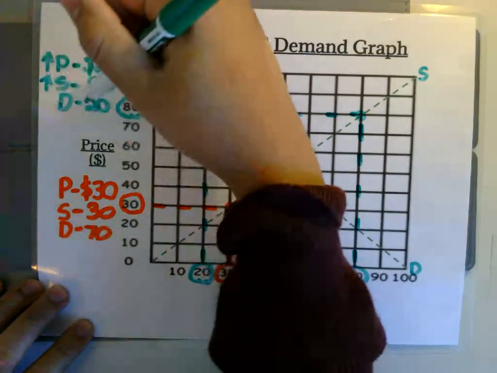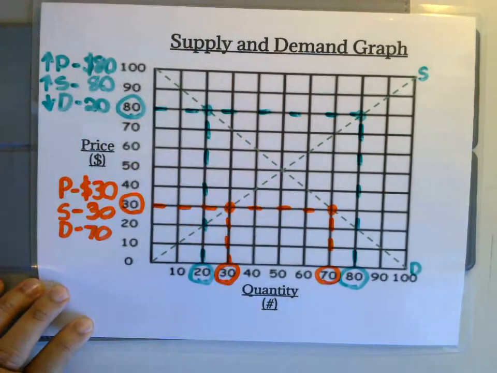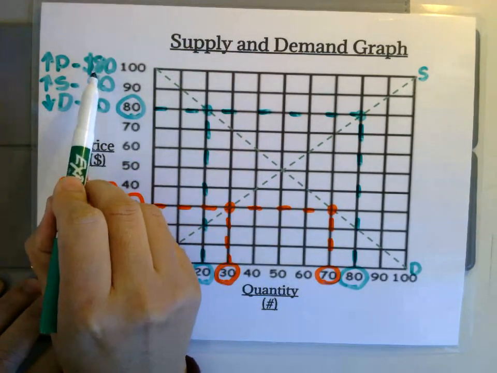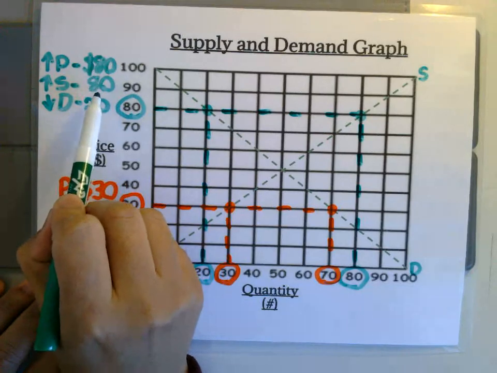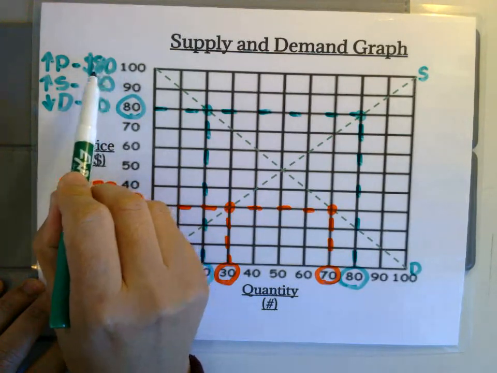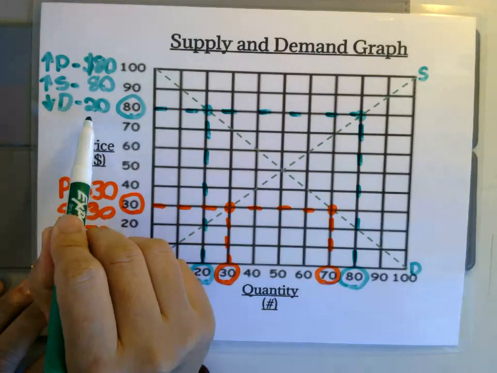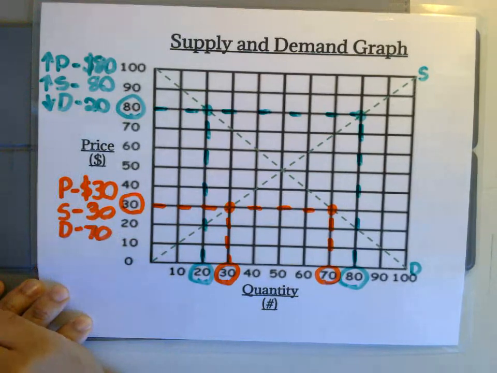However, the amount that was demanded decreased. So when you charge more for something, yes, you might want to make more because you might make a higher profit, or you might make more money because you're charging so much. However, as you notice, the demand is very low.